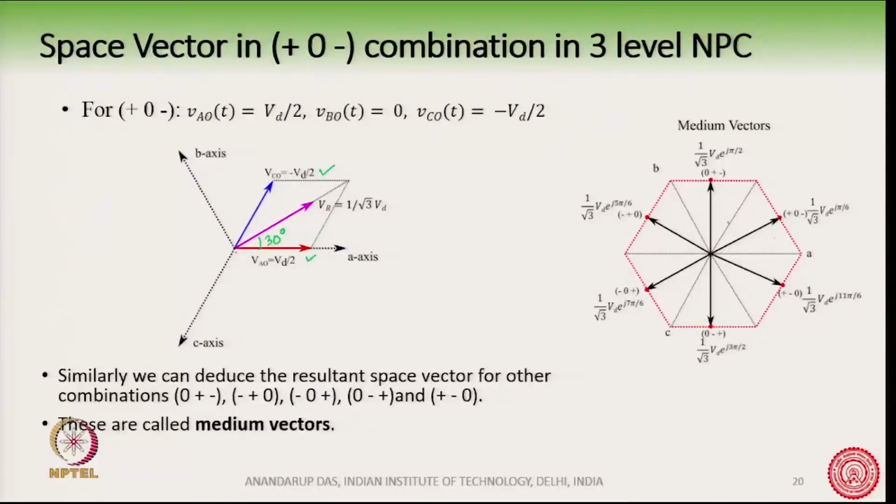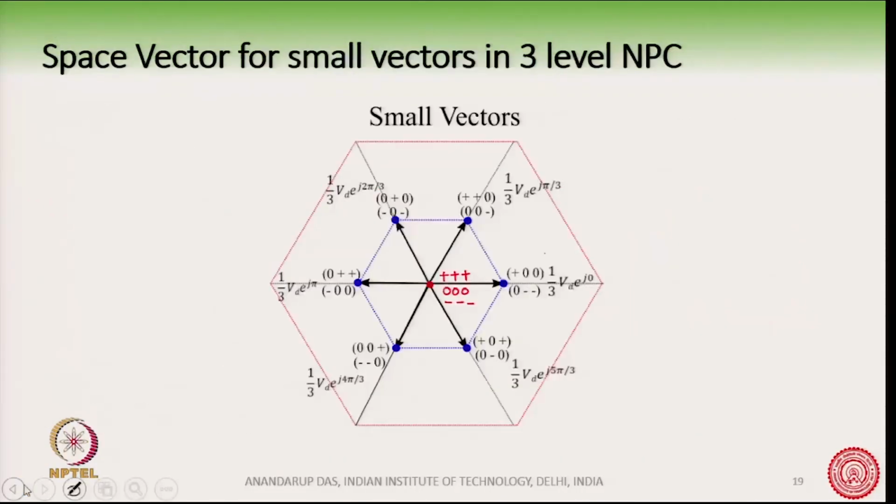The inner hexagon is somewhere here, not shown. So, I will just draw a dotted line here. The inner hexagon is here, half the size of the outer hexagon, but the inner hexagon is what we have already covered.